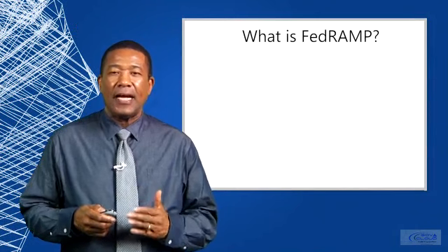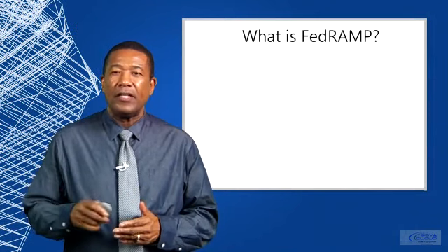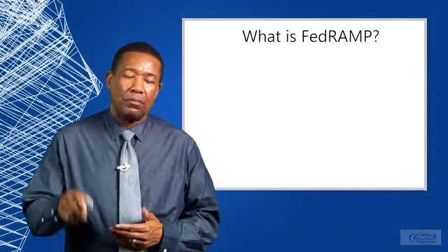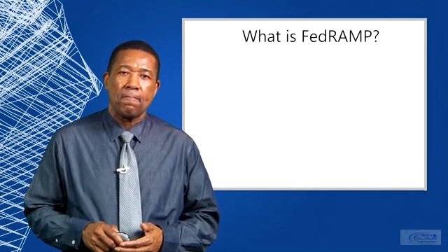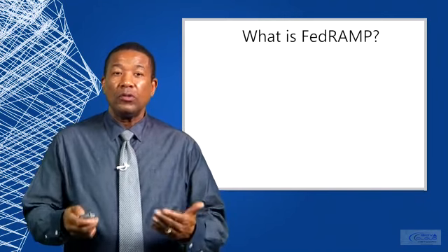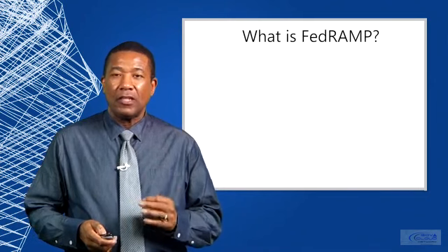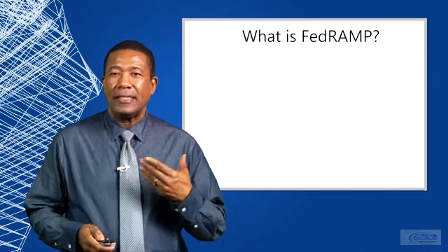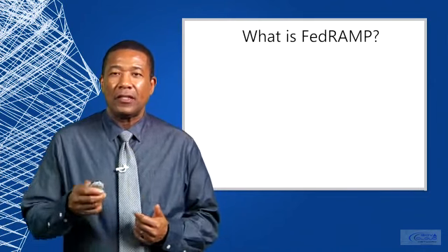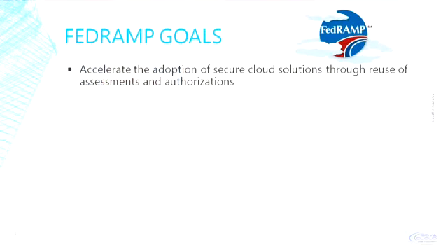the Federal CIO Council and its working groups, as well as private industry. The goals of FedRAMP are really to accelerate the adoption of secure cloud solutions through the reuse of assessments and authorizations.